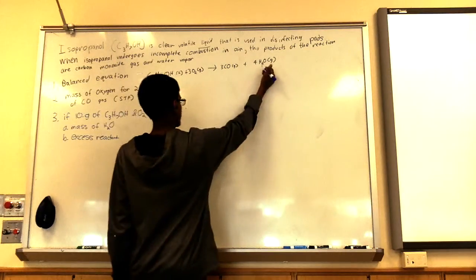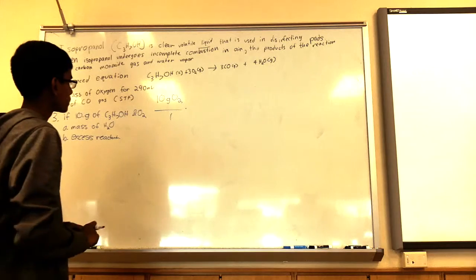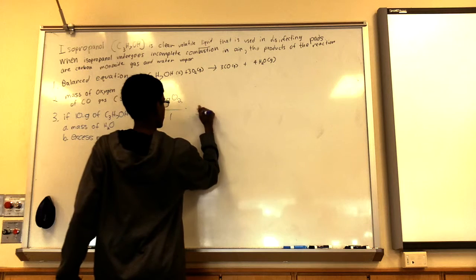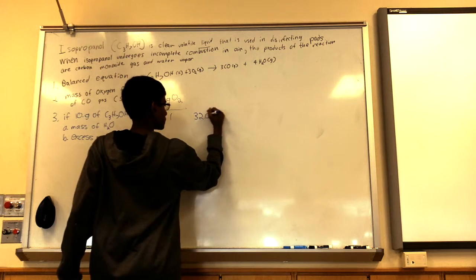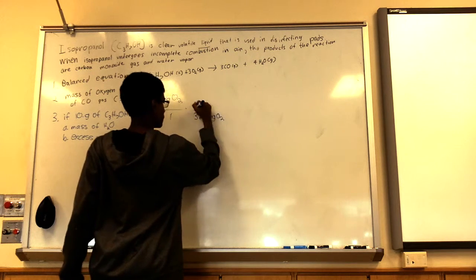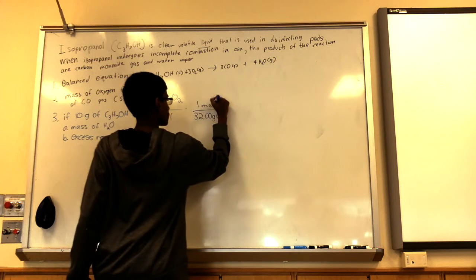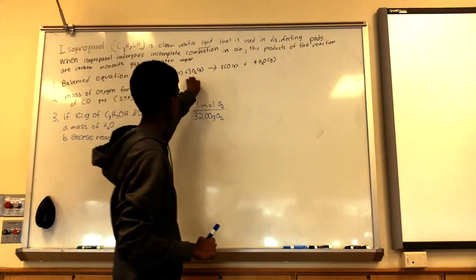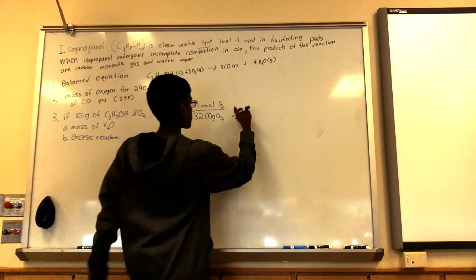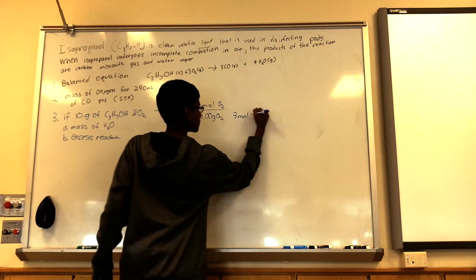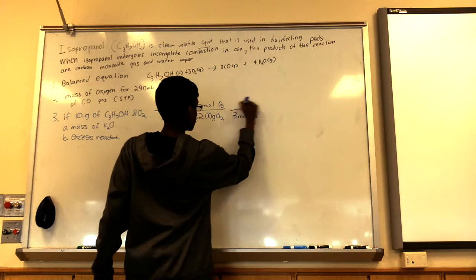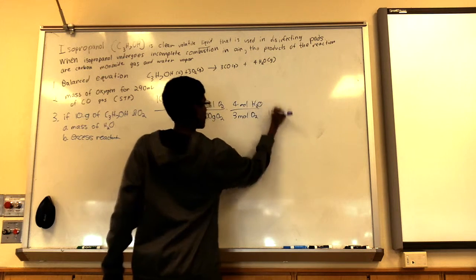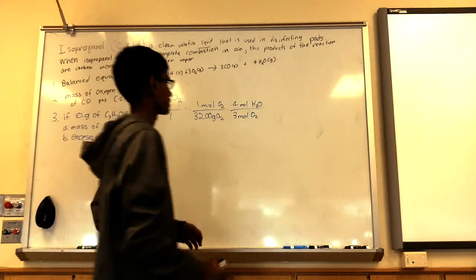And we want to reach H2O. So first we need to turn this into moles. So the molar mass of O2 is 32 grams of O2 for 1 mole of O2. And then if you look at our equation, there's 3 moles of O2 for 4 moles of H2O. And then we need to convert this into grams.